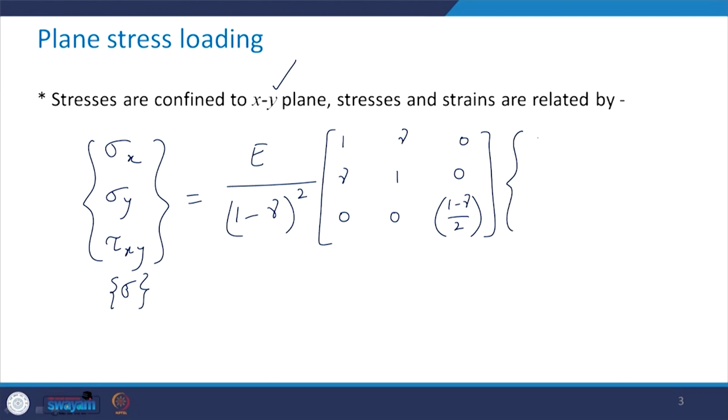This multiplied by epsilon x, epsilon y, gamma xy. So this is your strain vector.